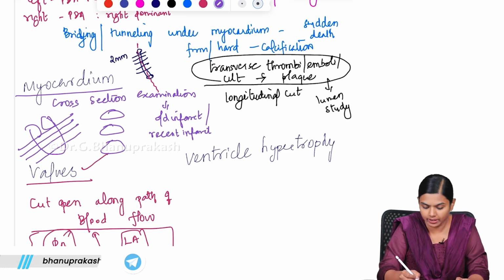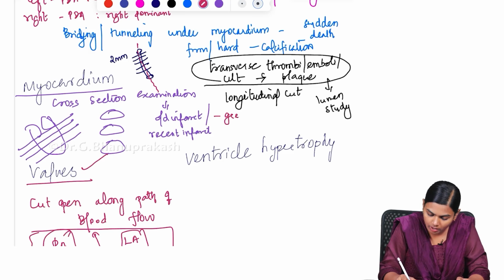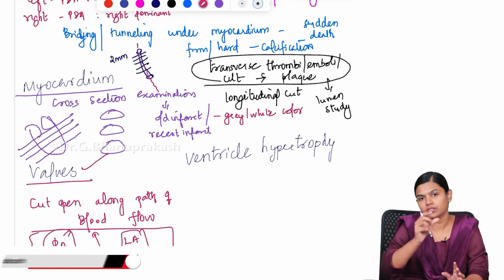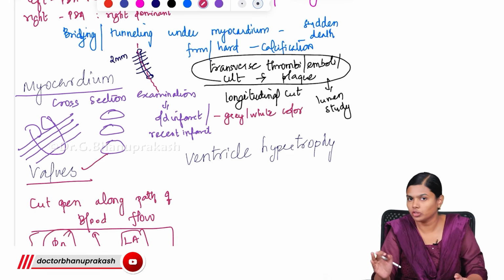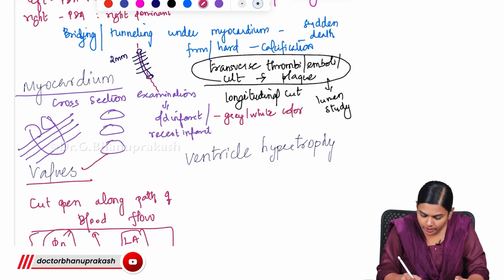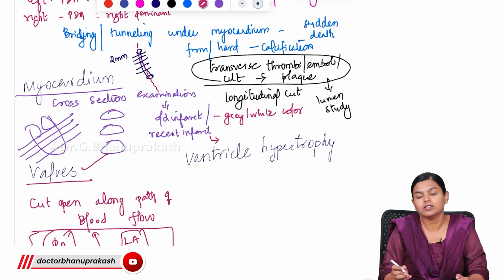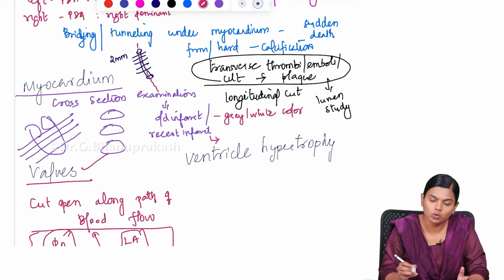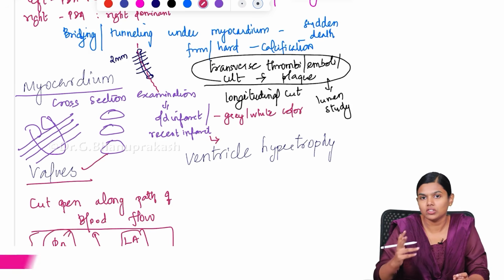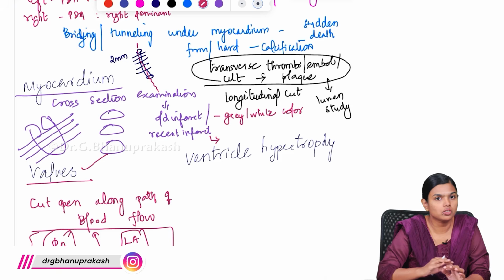For an old infarct, it will look grey or white in color. That specific region you will be able to identify. Any ischemic changes, any old infarct you will be able to identify. And a recent infarct, up to 1-2 days, can be seen only using histological methods. You have to put it under the microscope to identify.